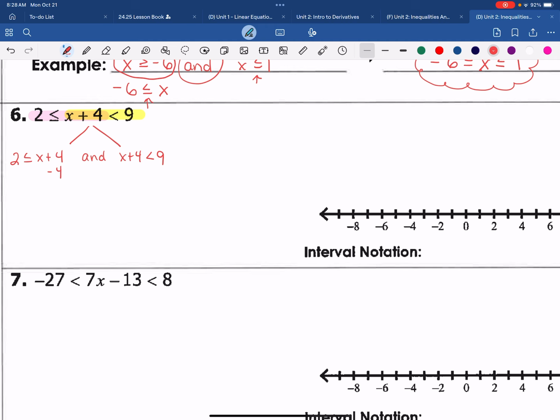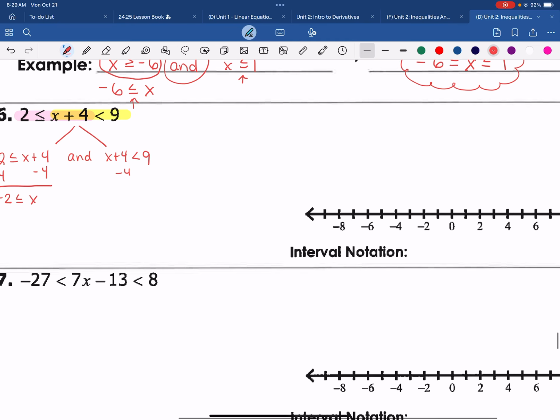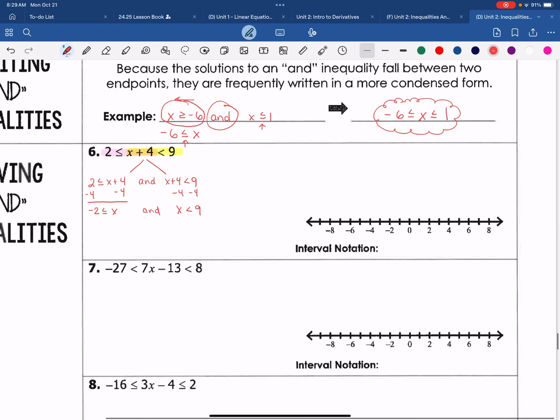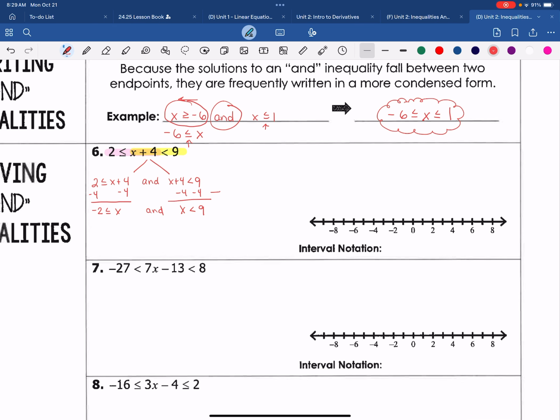We would subtract 4, I get -2 is less than or equal to x. Subtract 4, x is less than 9. Notice that I did the exact same steps on either side. I subtracted 4 for both of these.